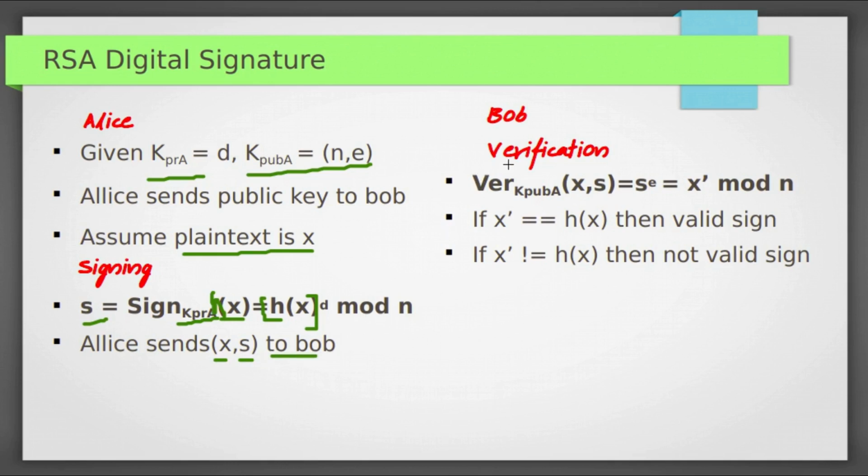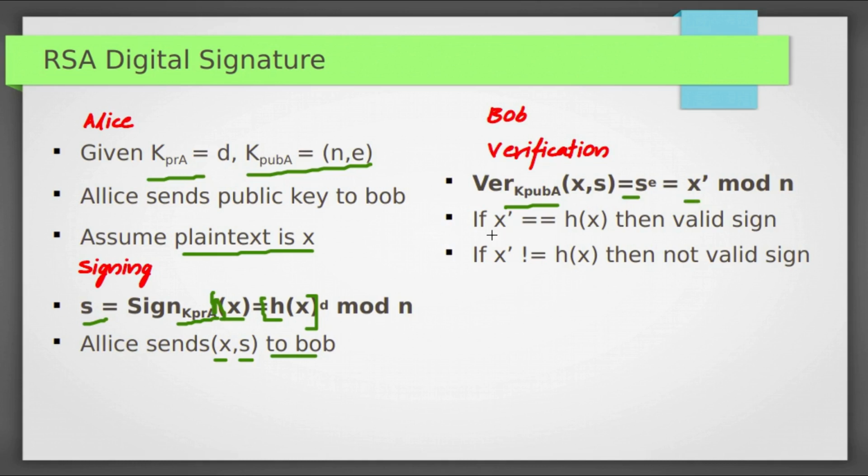At Bob's end, verification will be performed. Signature S will be decrypted with Alice's public key, meaning S power E mod n will be calculated. Let's call the result X prime.